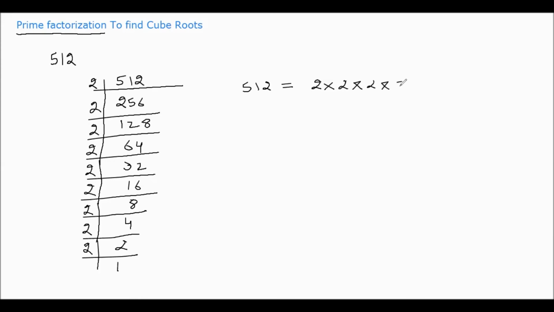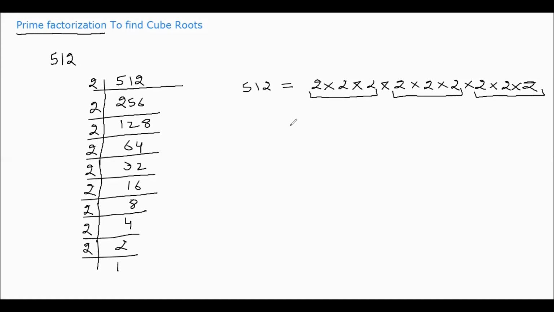3, 5, 6, 7, 8 and 9. Now what I have to do, I have to make pairs, but this time we are finding the cube root, so we will make pairs of 3. So we'll group them together like this.